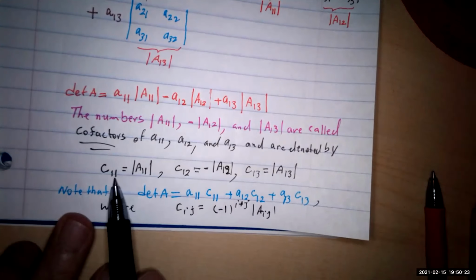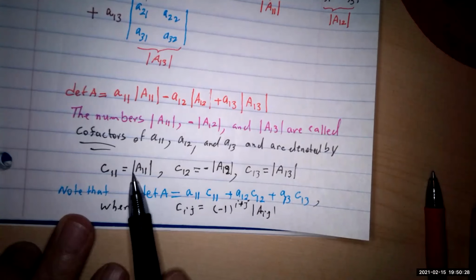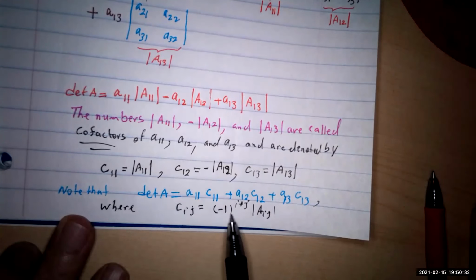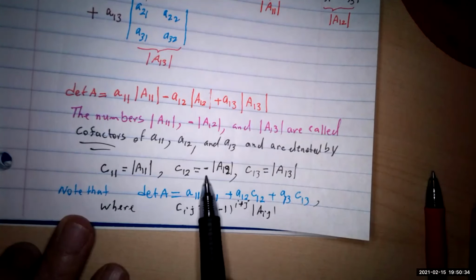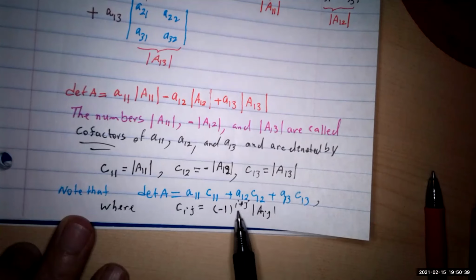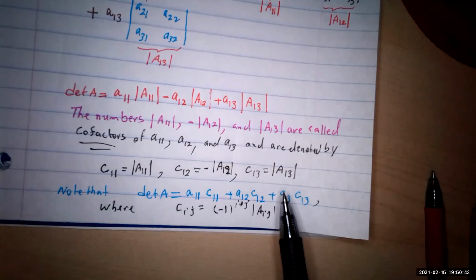If you get 1, 1, then 1 plus 1 is 2, so negative 1 squared is positive. If you get 1, 2, then 1 plus 2 is 3, and negative 1 to the third power is negative. If you get 1, 3, then 1 plus 3 is 4, which gives you a positive number.